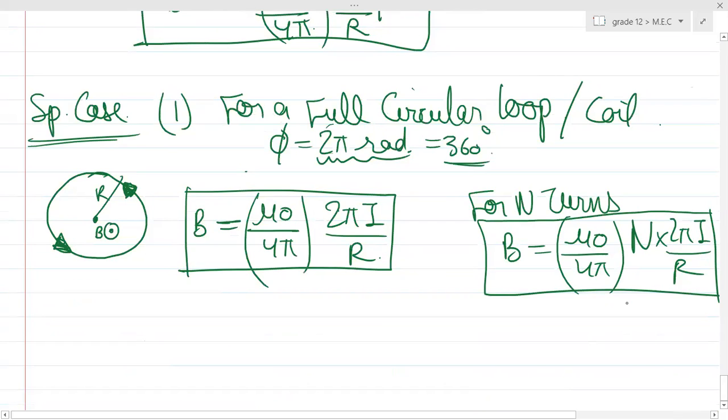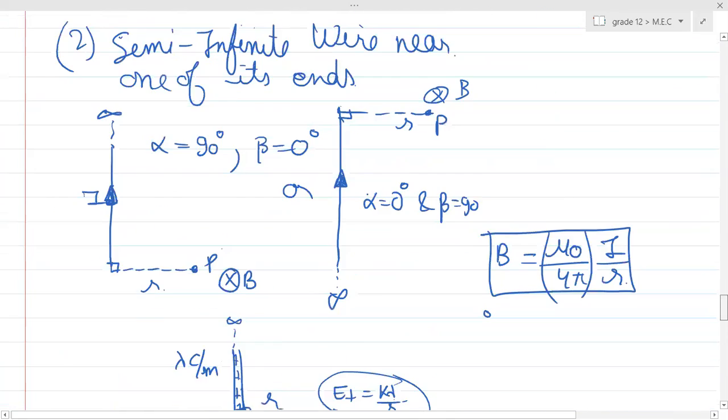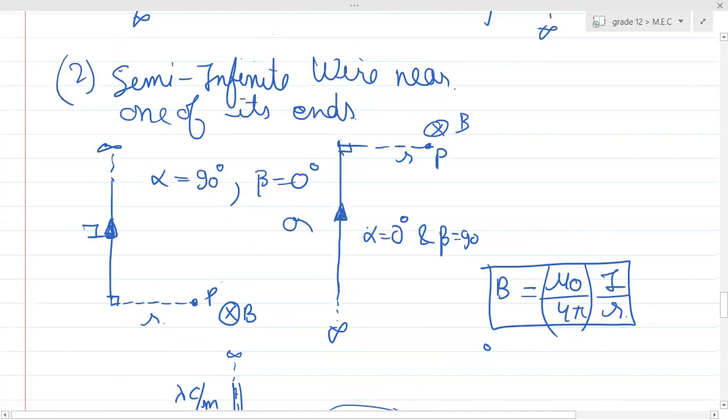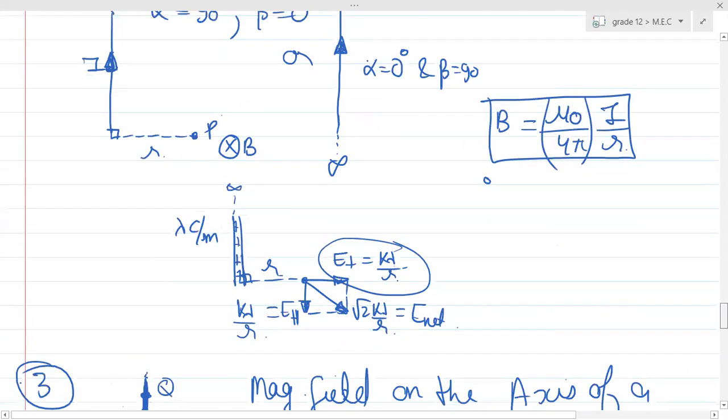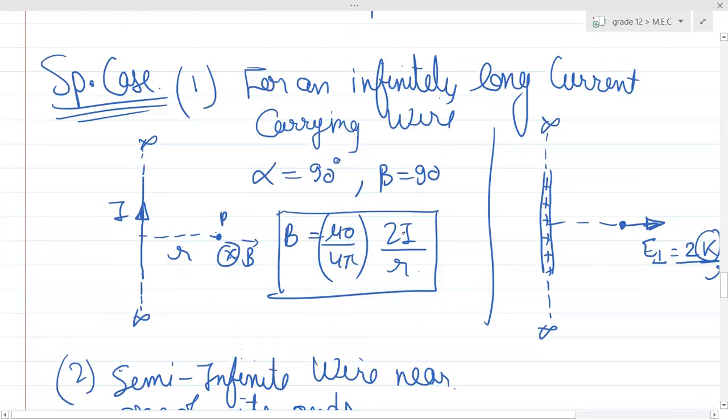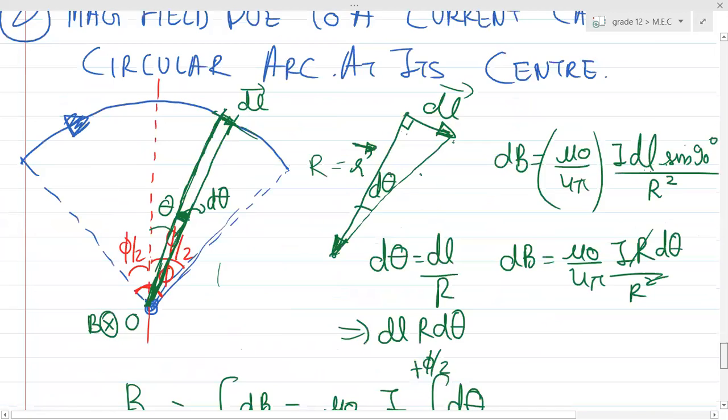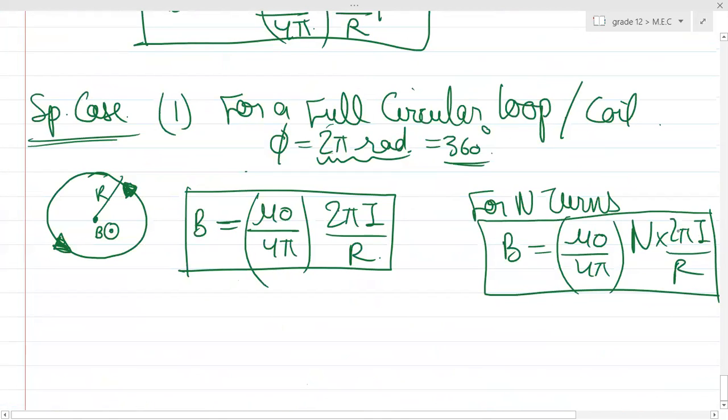Can you see the difference between this and the previous one? If it is an infinitely long wire, it is 2 I by R, whereas when it is a ring, it is 2 pi I by R. So can you see? Acha, which one is greater? Which has a greater magnetic field?